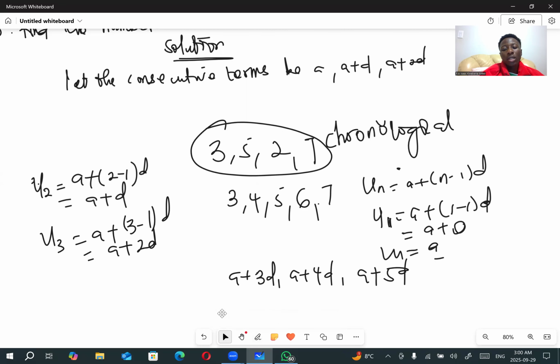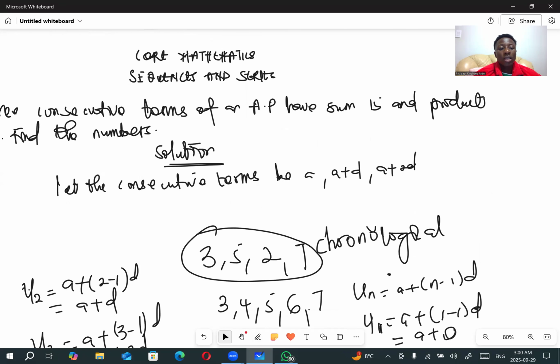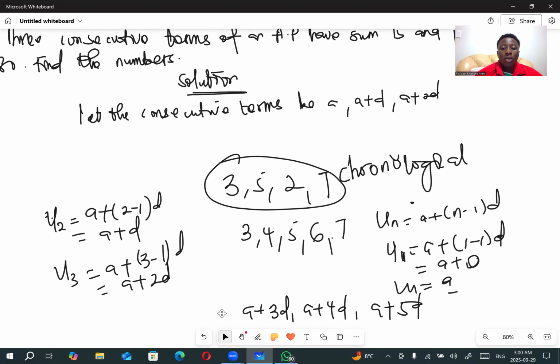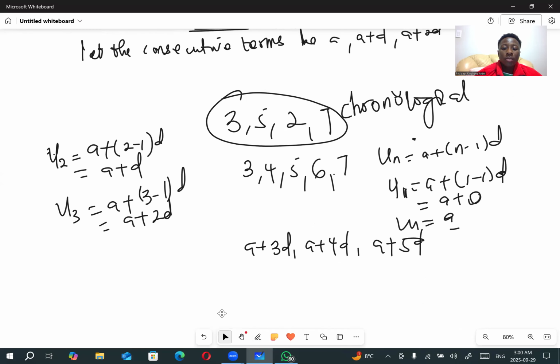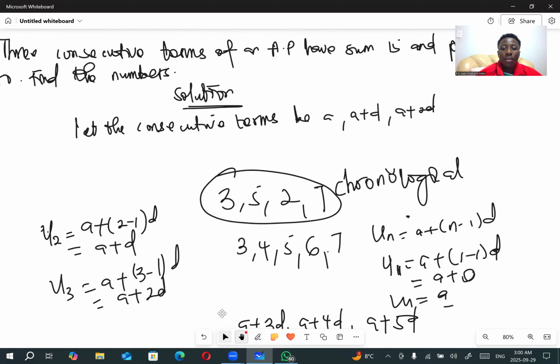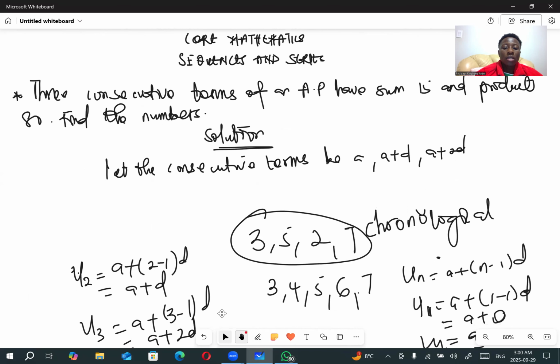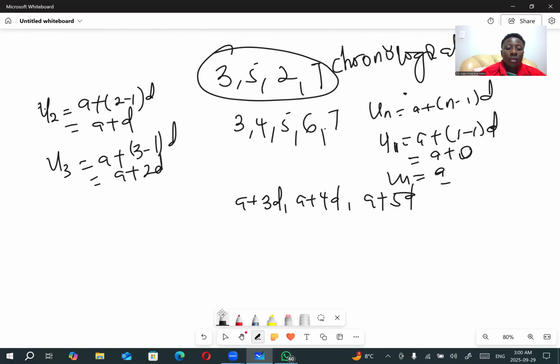I think the question did not limit it; it just said three consecutive terms of an AP. Now that you know your three consecutive terms, they said they have a sum, which means add, and a product of 80. So the terms were a, a plus d, and a plus 2d. Add them. They said the sum is 15.